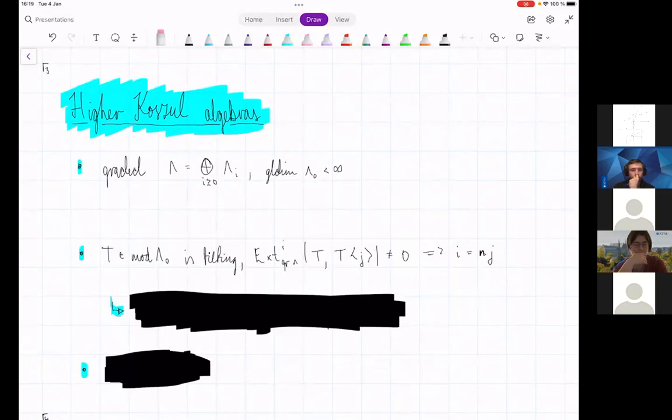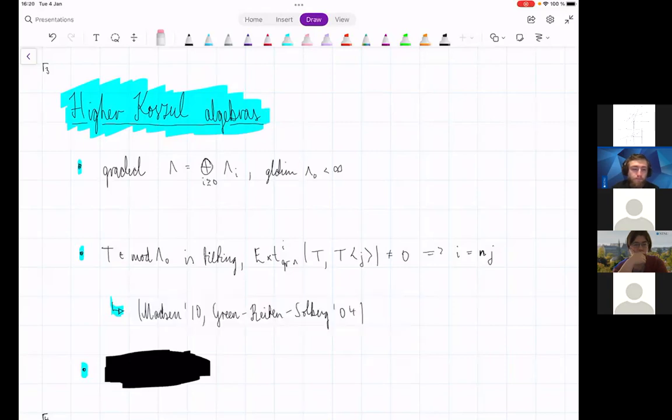We still have this Ext vanishing condition, but now it's not necessarily diagonal; we allow the cohomology to be in a degree that's a multiple of the internal degree for some fixed parameter n.